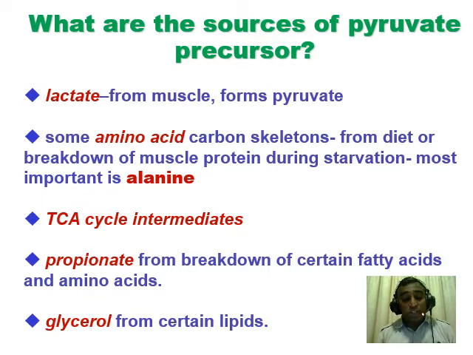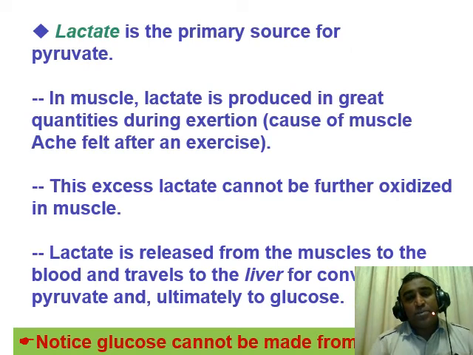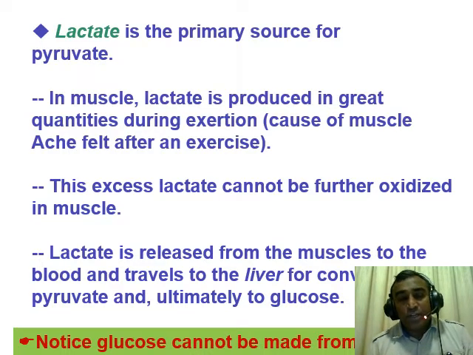Then you have also glycerol, from the triglyceride. You take away 3 fatty acids, and you have glycerol that also can be made into glucose. This again, just to repeat what has been said before: you have lactate. You cannot convert lactate back to pyruvate and then enter the citric acid cycle in the muscle cell.